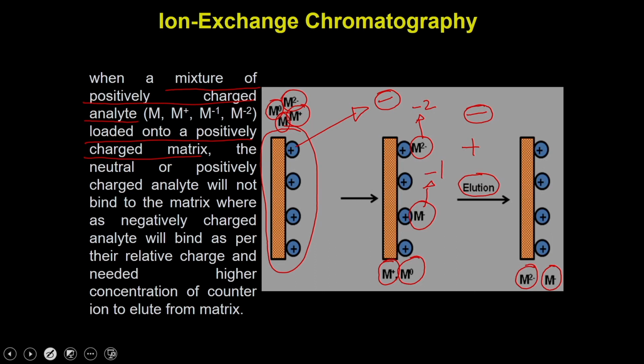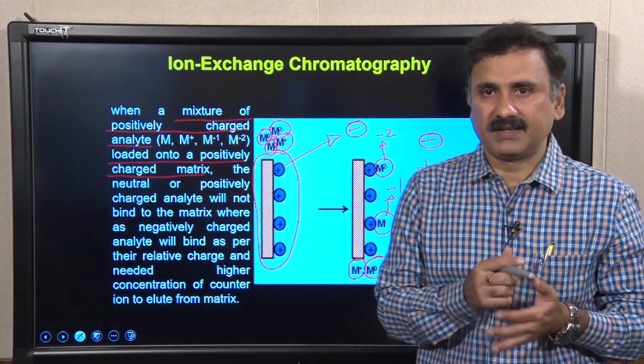So, when you elute with the help of the negatively charged counter ions, this M minus 1 is going to elute first, whereas this one is going to elute later on, because both of these have differential charges and they have differential affinity to the matrix.